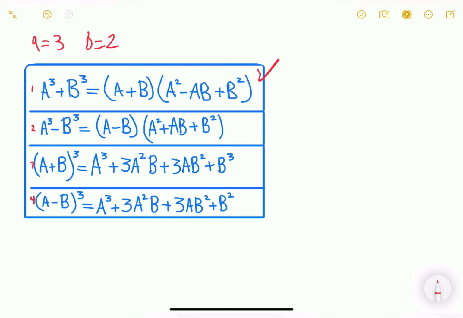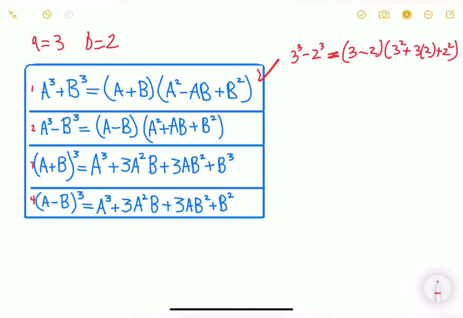Okay, so it's saying that 3 cubed minus 2 cubed equals 3 minus 2, and then 3 squared plus 3 times 2 plus 2 squared. Okay, let's test this out.